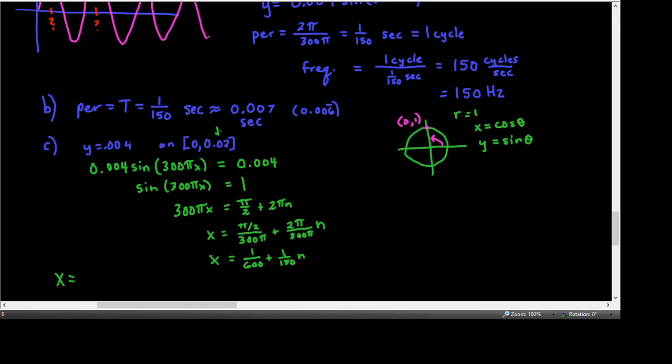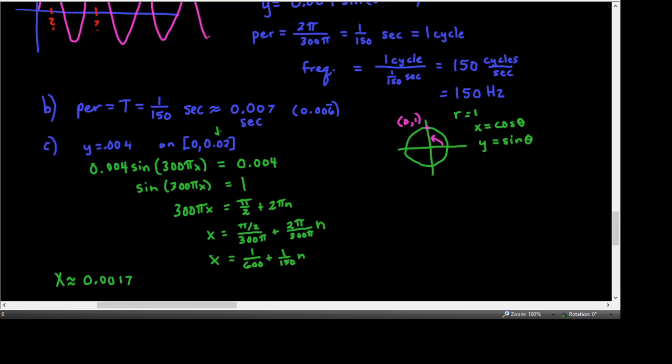1 divided by 600 is approximately, hold on, x is approximately 1 over 600 itself, which is 0.00. I'm going to take this one extra place. It's actually 0.0016 repeating, but I think I'm going to do that so that we can kind of see a little bit more information about the number that we've got.